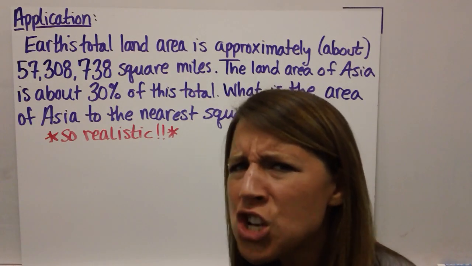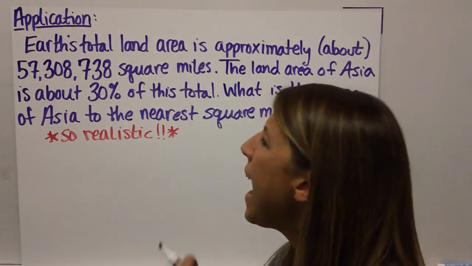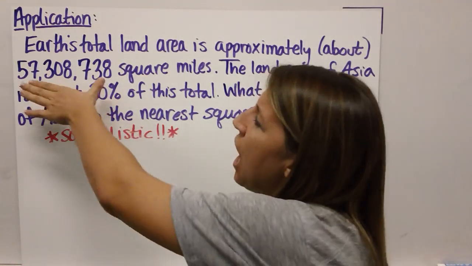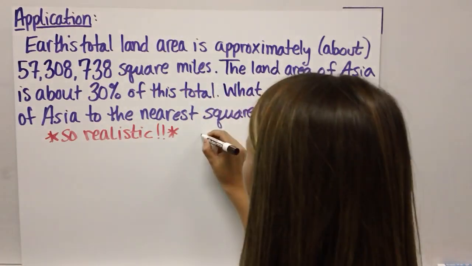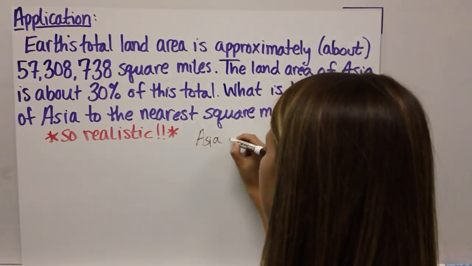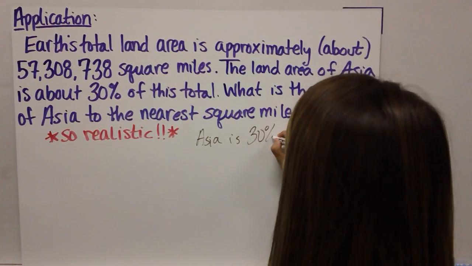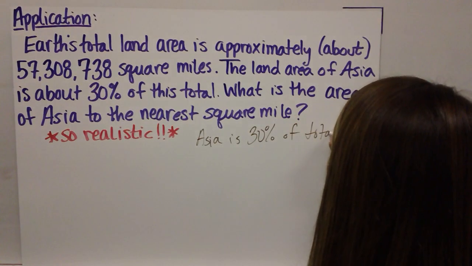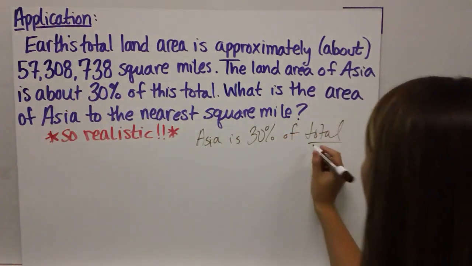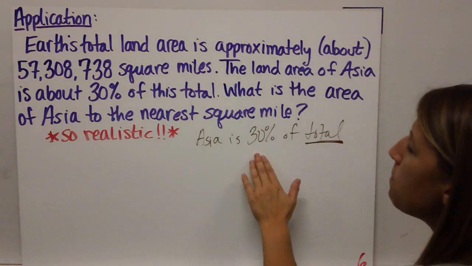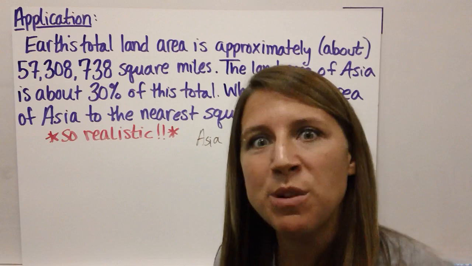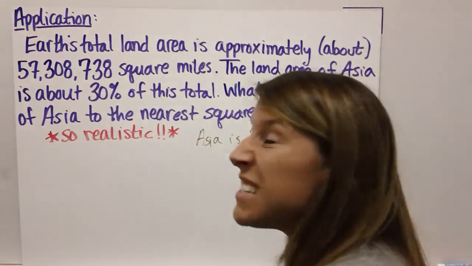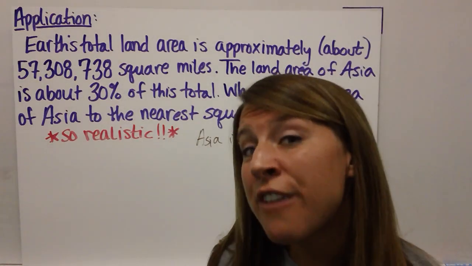Well, Asia is 30% of the total land, and we know the total, we fill that in, 30% of 57 million, we just multiply 30% times that total. That's going to tell us about the area of Asia.